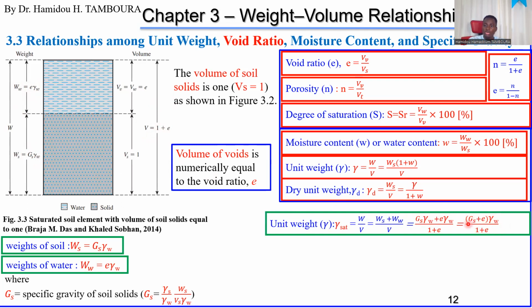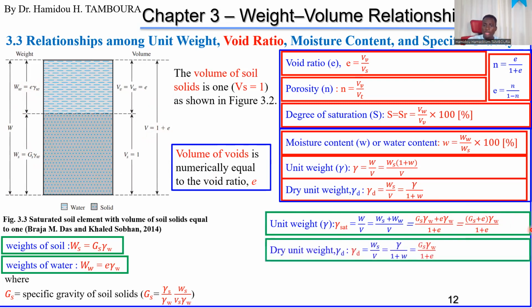So by doing that, you can obtain this formula also. And dry unit weight, in that case, means when the total water is gone, it will be almost the same as the previous formula. It will not change. The weight of solid divided by the total volume, which is 1 plus e.